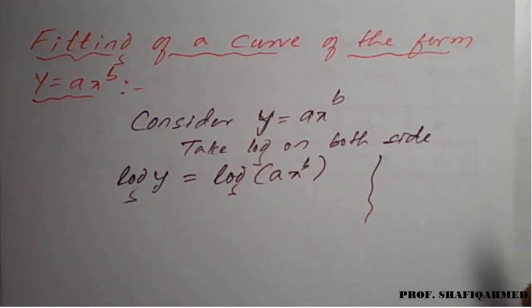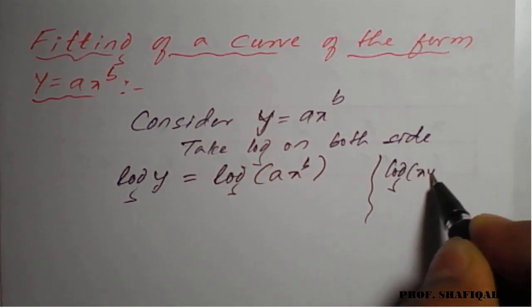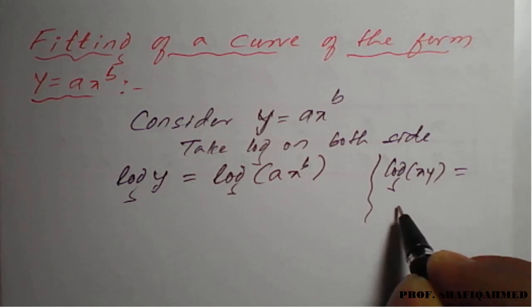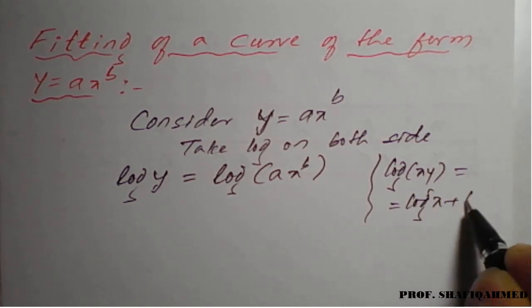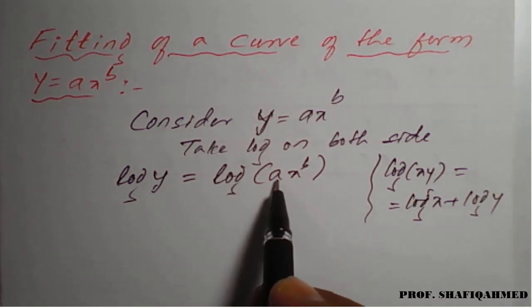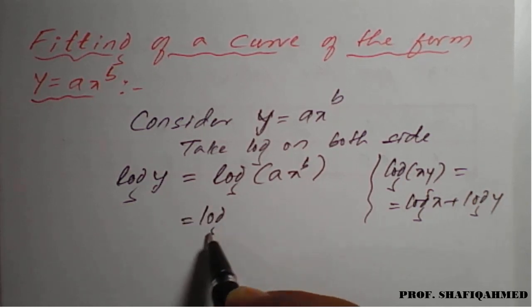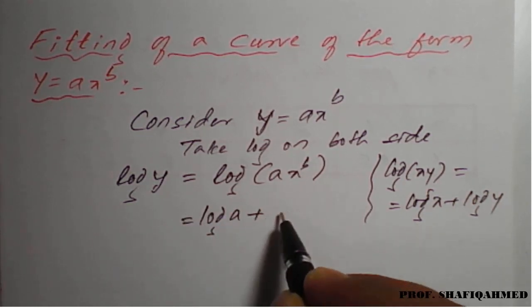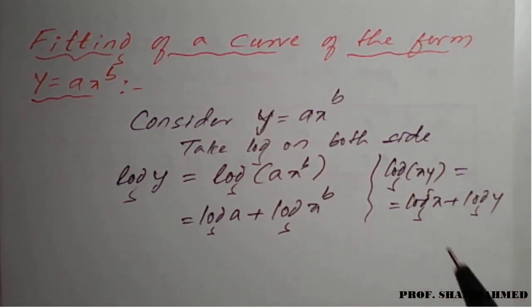But you know that log of xy is nothing but log of x plus log of y. So the same thing, log of a into x raised to b we can write as log of a plus log of x raised to b.